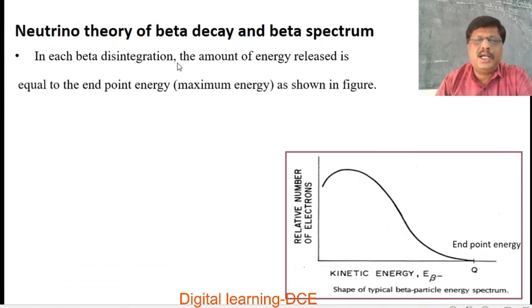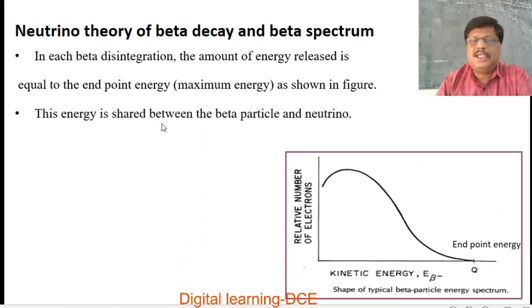In each beta disintegration, the amount of energy released is equal to the endpoint energy or maximum energy, as shown in the figure. So if we draw a graph of relative number of electrons, that is beta particles, versus kinetic energy, in each disintegration the amount of energy released is equal to this endpoint energy or maximum energy.